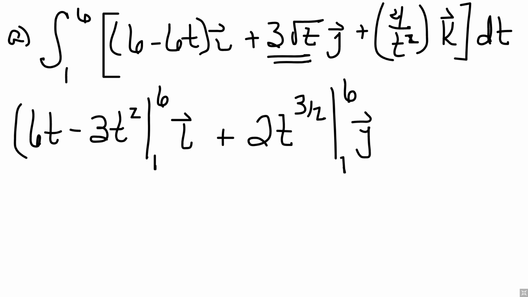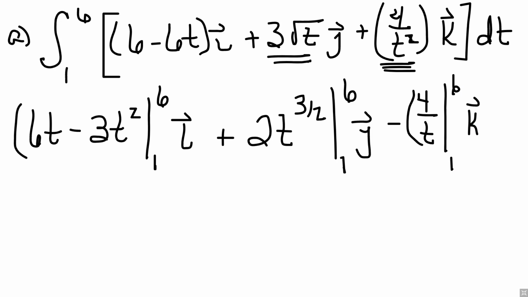And then for the last one, the antiderivative is going to be minus 4 over t, evaluated again from 1 to 6, in the k direction. Any questions there?